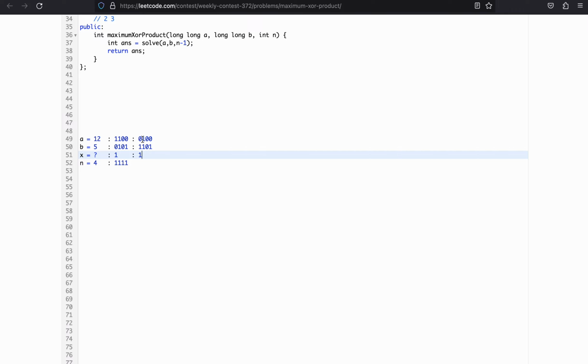Which one is the minimum? Now a becomes minimum, the value of a is 4, and the value of b becomes 13.